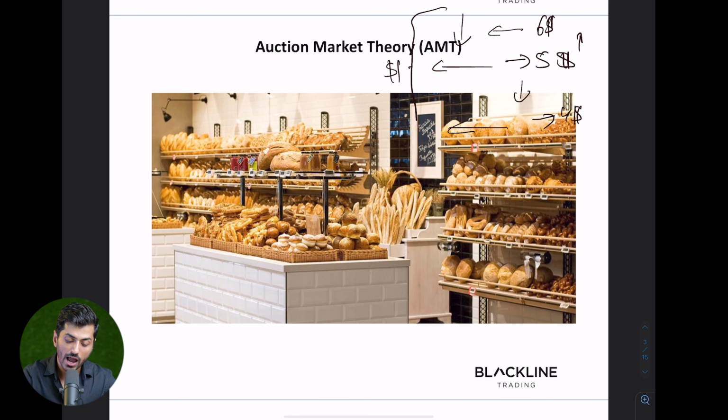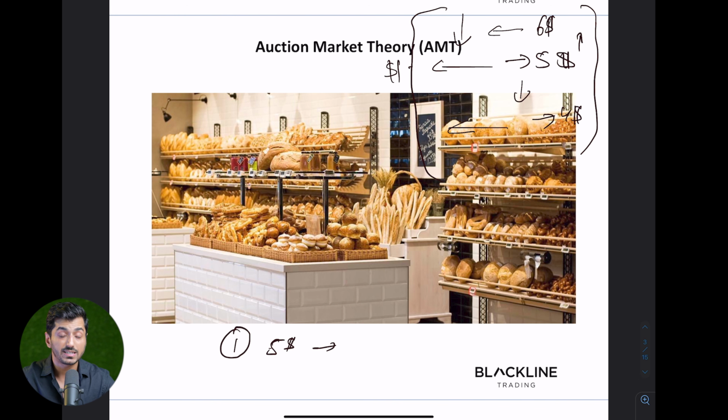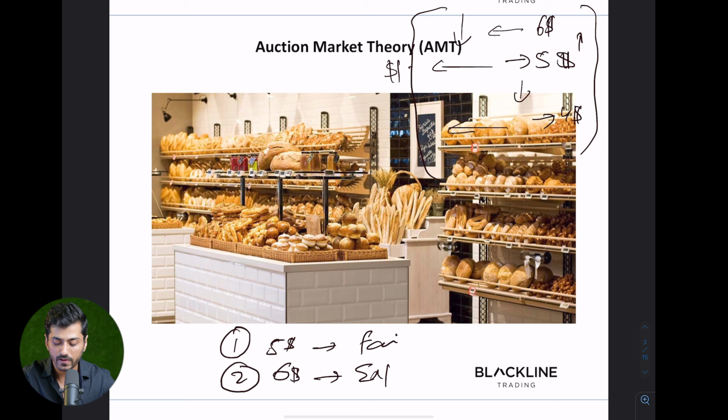So in this entire scenario, there are three things that have happened that we conclude. Thing number one is that $5 is considered the fair value of the piece of bread. $6 has been considered too expensive by market participants, and $4 is considered too cheap by market participants.